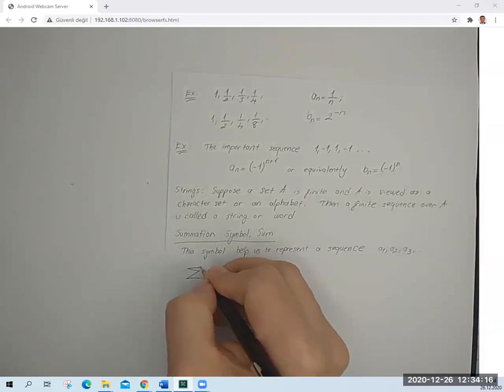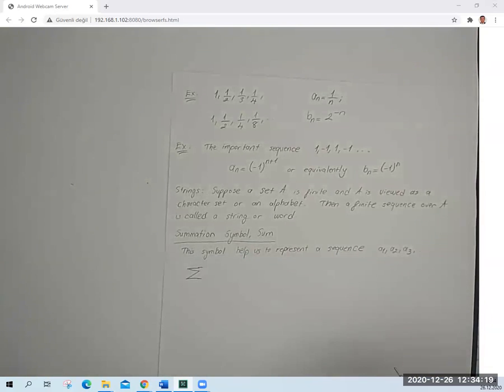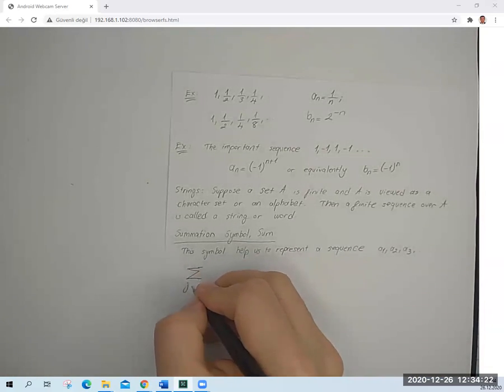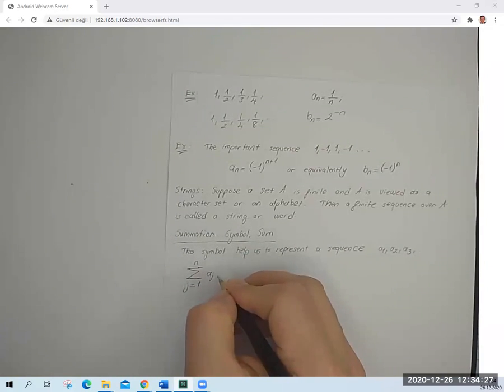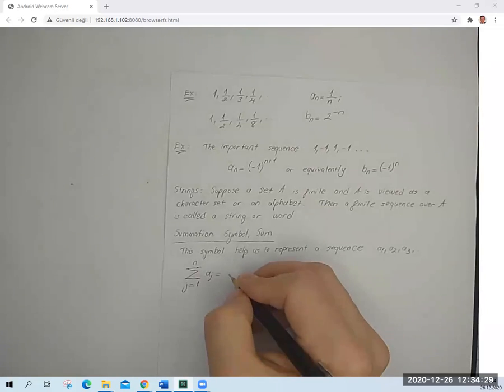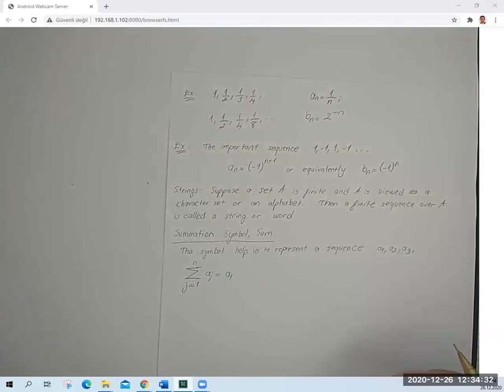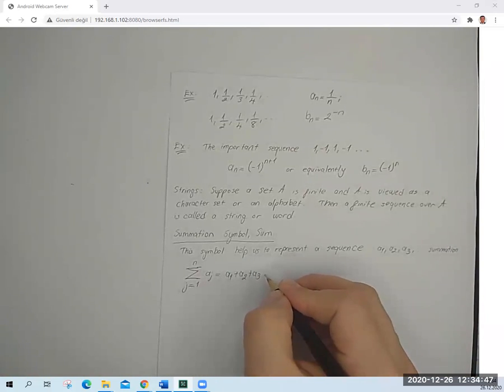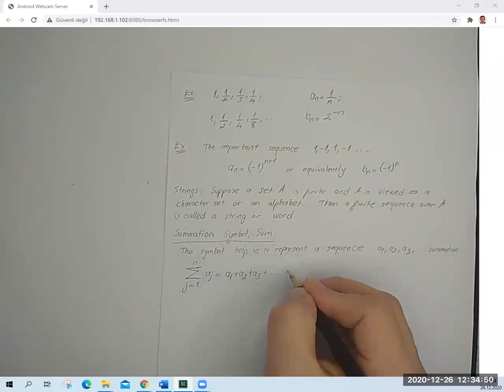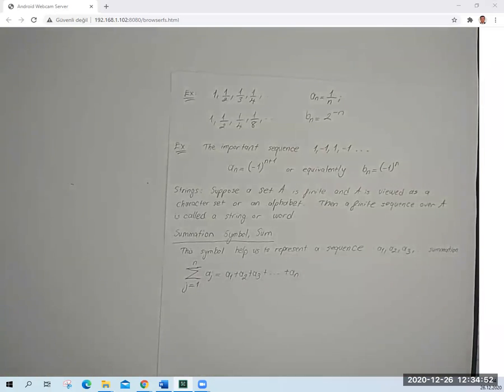Let's write the representation of the summation. Let's say sum from j equals 1 to n of a_j is equal to a1 plus a2 plus a3 plus, and so on, to a sub n.